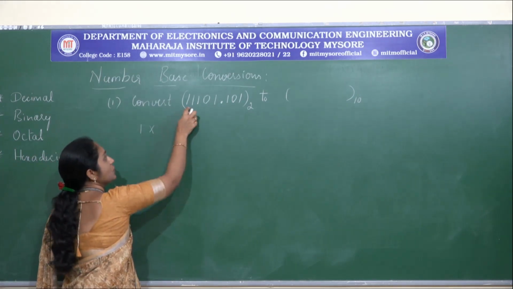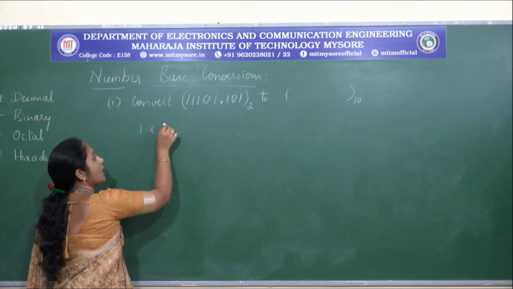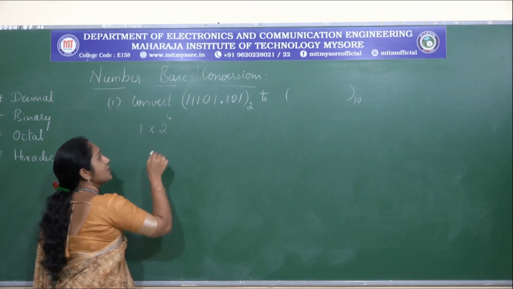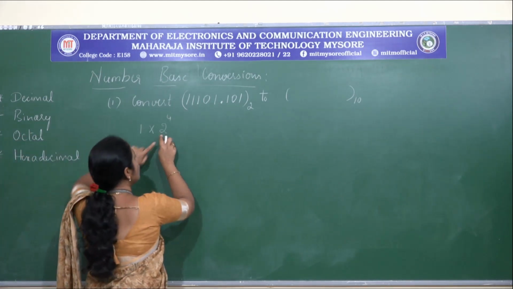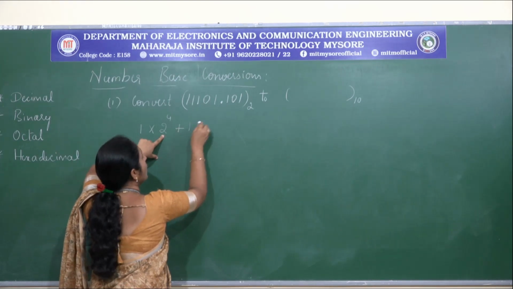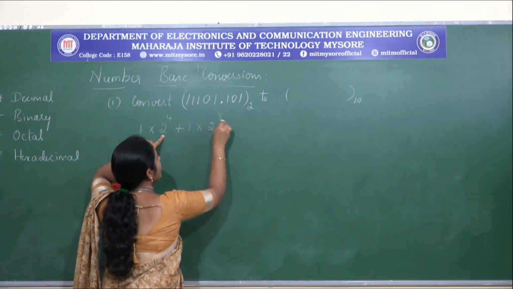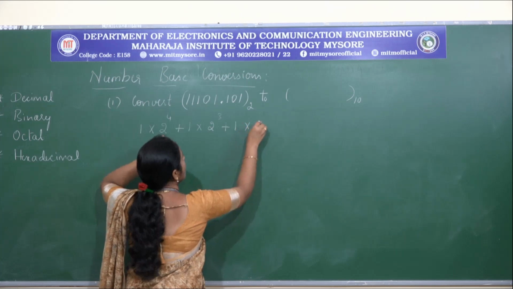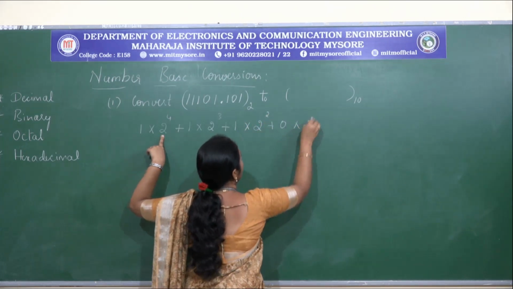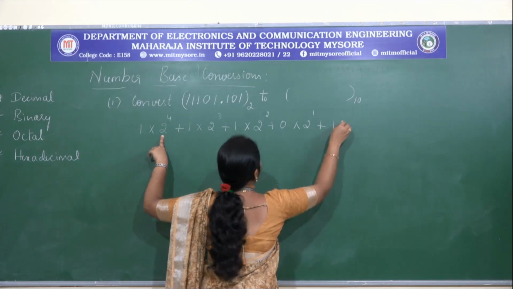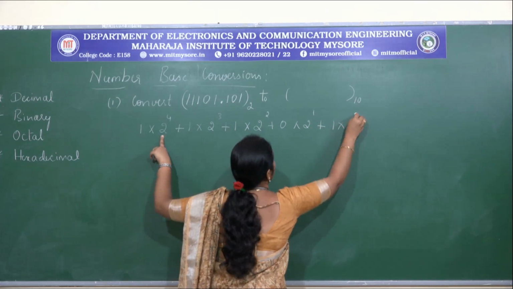Therefore, for the first bit 1, I am considering 2 power 4 because I have 5 digits: 1 into 2 power 4 plus 1 into 2 power 3 plus 1 into 2 power 2 plus 0 into 2 power 1 plus 1 into 2 power 0.